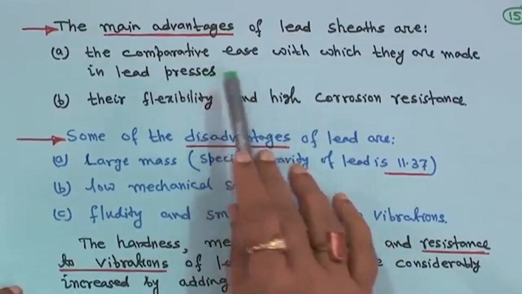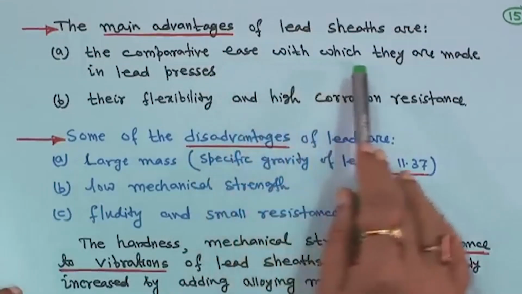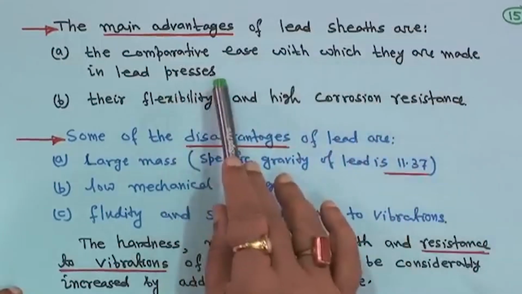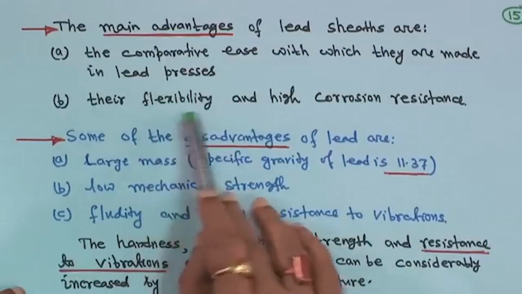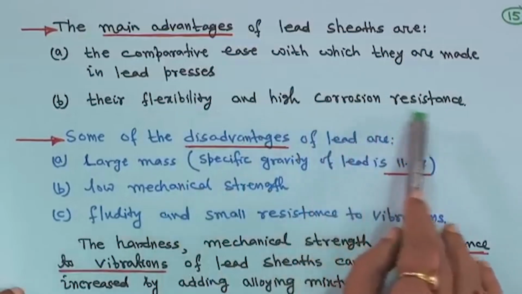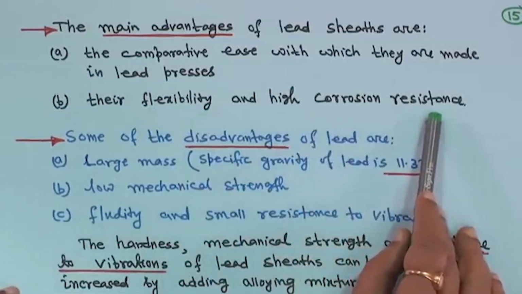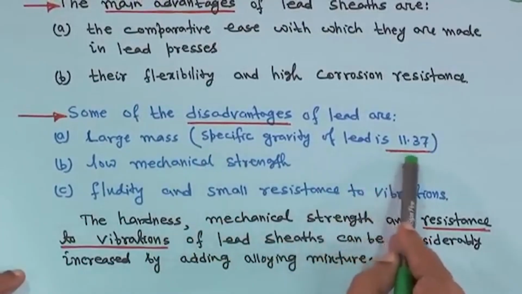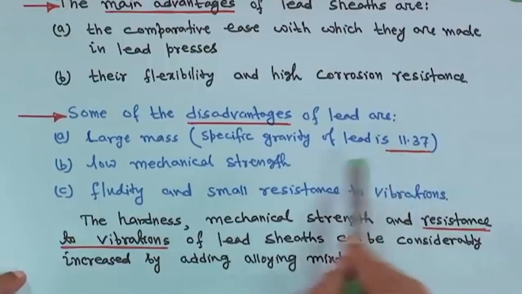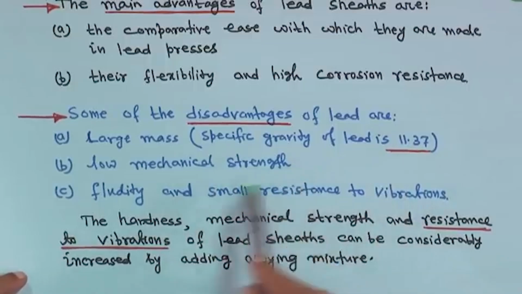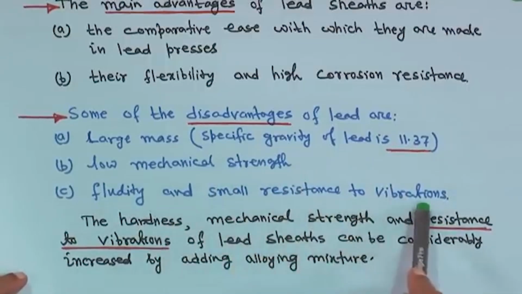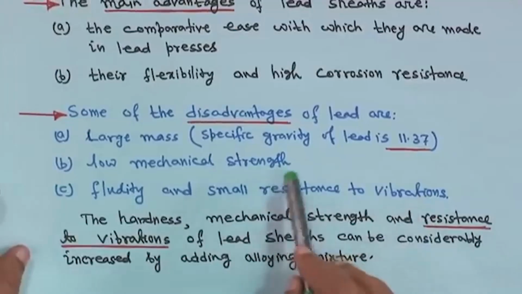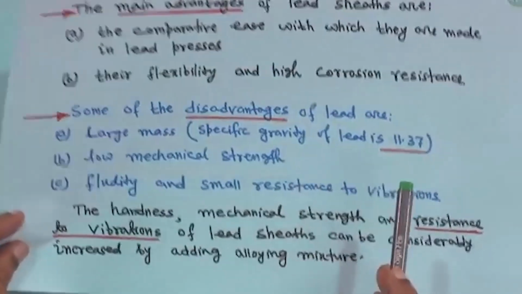The main advantages of lead sheath are the comparative ease with which they are made in lead presses, their flexibility and high corrosion resistance. The disadvantages are large mass, because the specific gravity of lead is 11.37, low mechanical strength and fluidity, and small resistance to vibration.